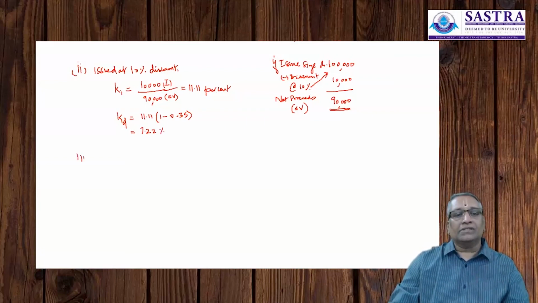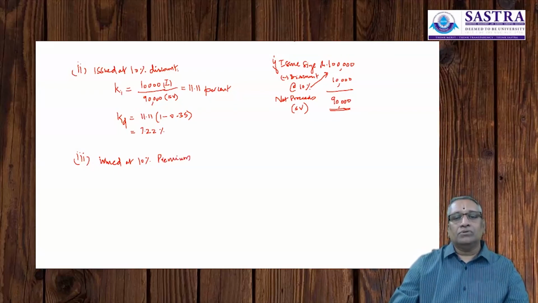And in the third case, where it was issued at 10% premium, your proceeds will be like this.